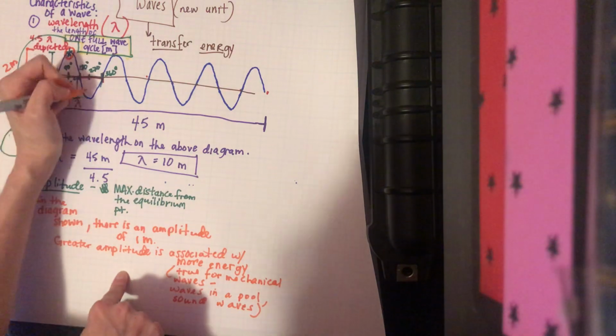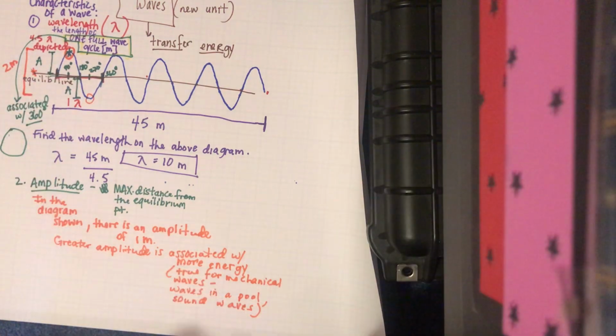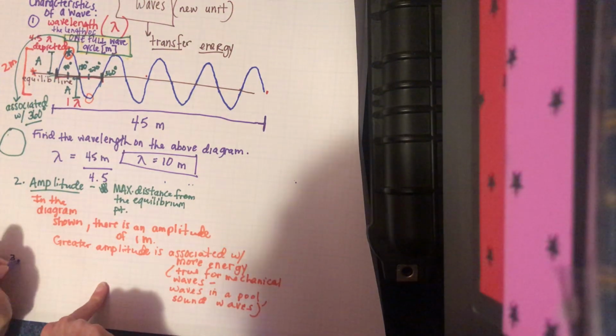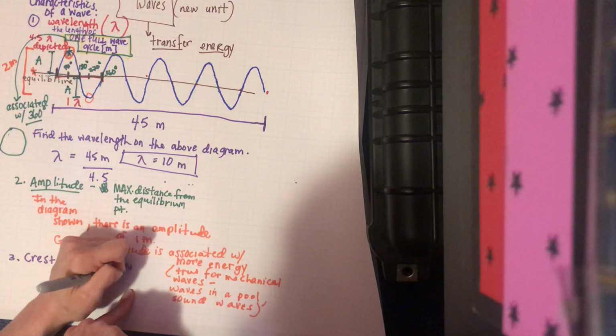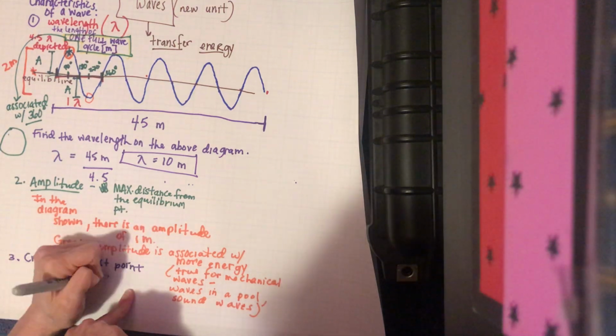Okay, I said that I was going to define the highest point on a wave. I will also define the lowest point on a wave. Our third and fourth characteristics of a wave are the crest, which is the highest point on a wave, the highest point of displacement.